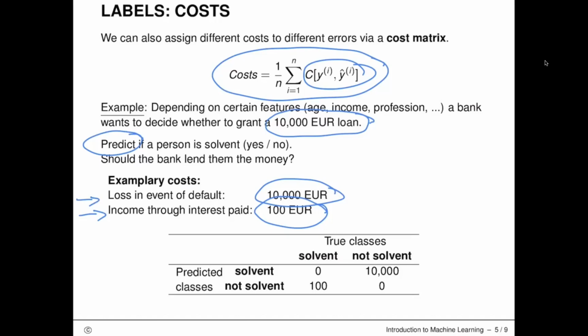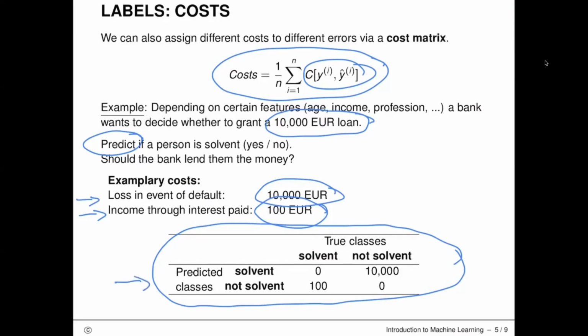to a solvent person. And then we can write down those costs in such a cost matrix, which has the same structure as the confusion matrix. So with the predicted classes in the row, the true classes in the column, and then we have solvent and not solvent. In that case, we would say that it is good to make a correct prediction.